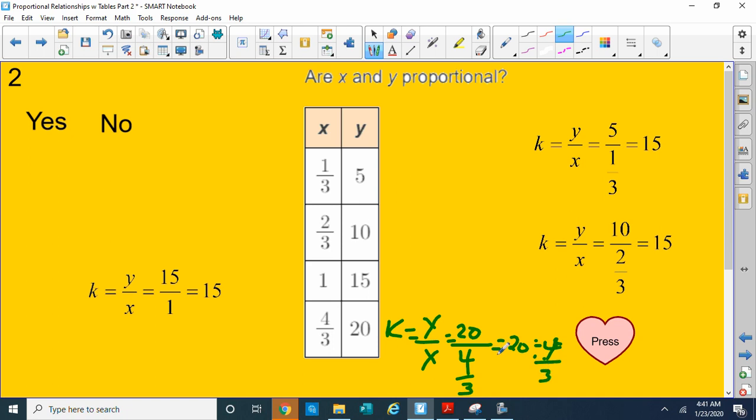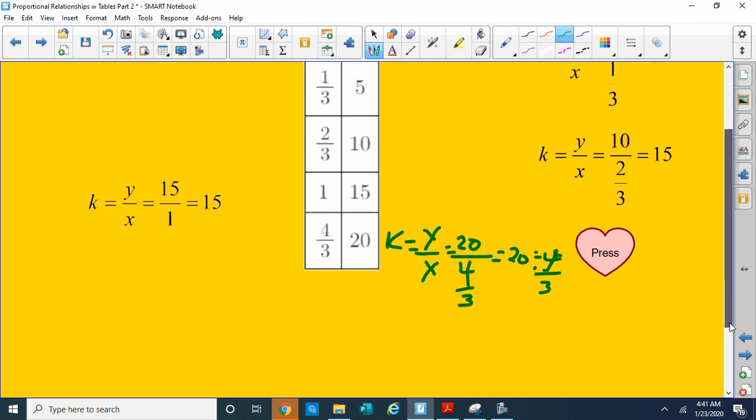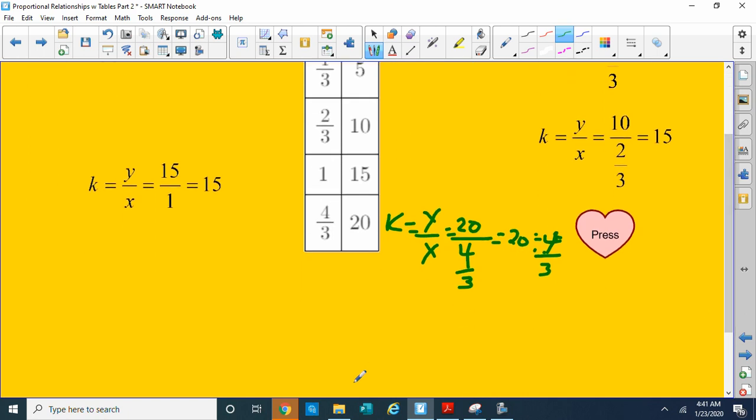Let me scroll down a little bit, get a little more room. All right. So I really am multiplying by the reciprocal of the second number. Remember, reciprocal means turn that 4/3 upside down, make it 3/4. 20 times 3 is 60, and that's over 4.